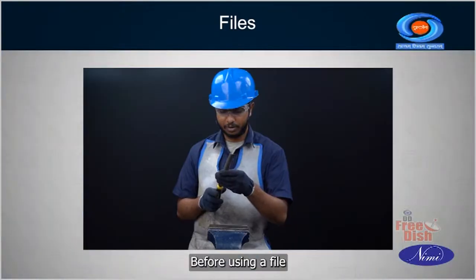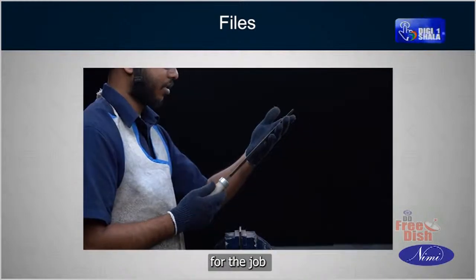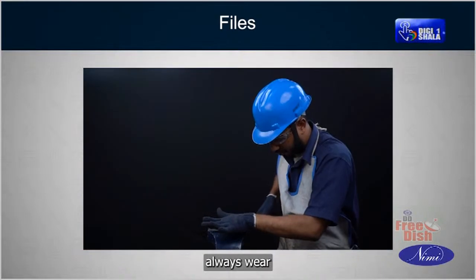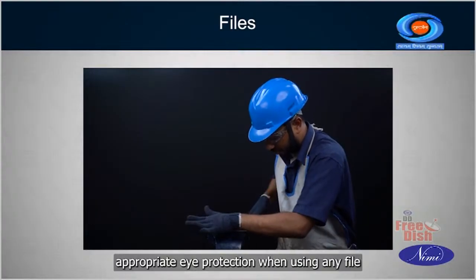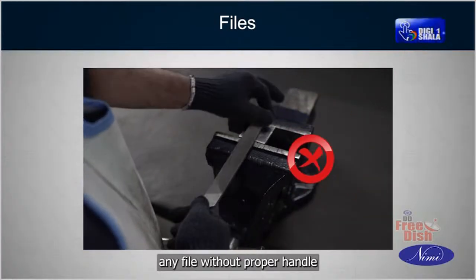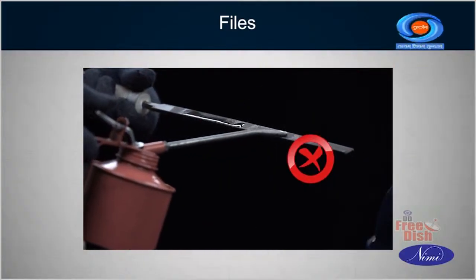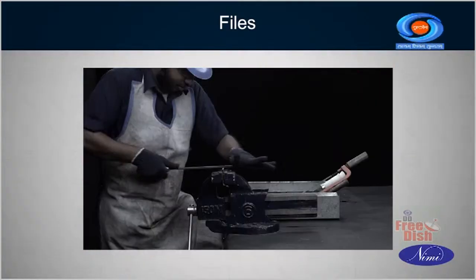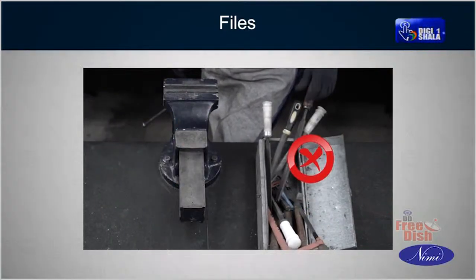Before using a file, it is important to choose the right file for the job. Always wear appropriate eye protection when using any file. Never use any file without proper handle. Never oil a file. Do not place the files with additional hand tools.